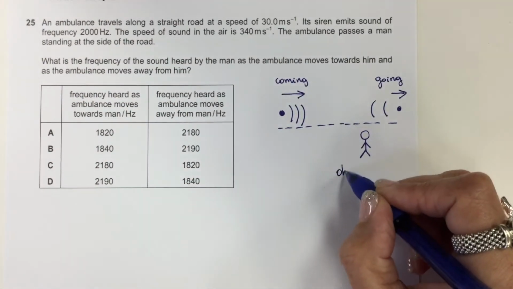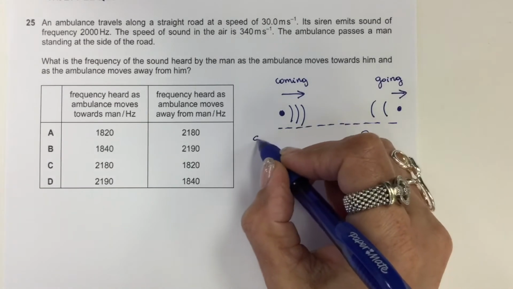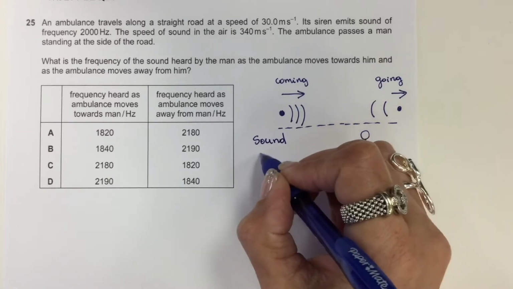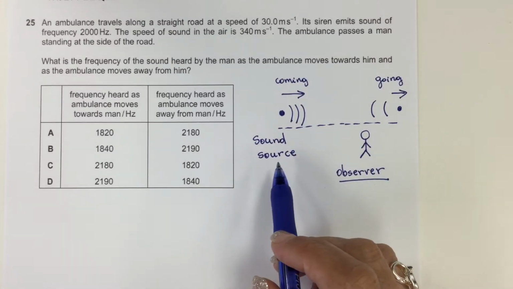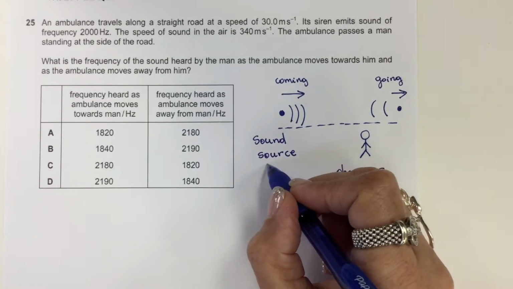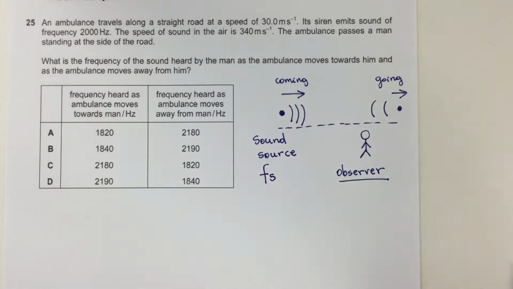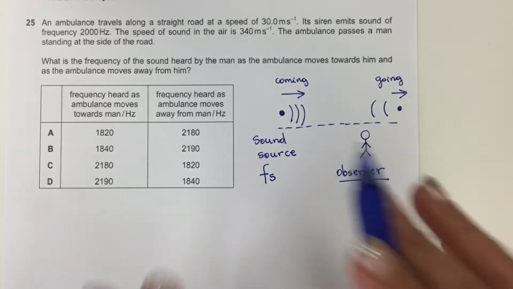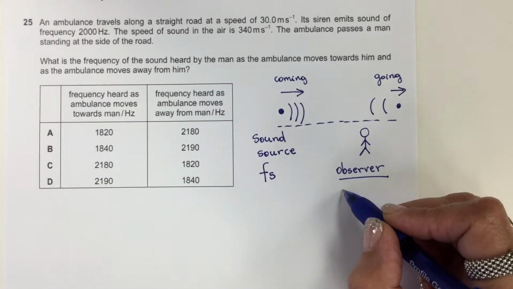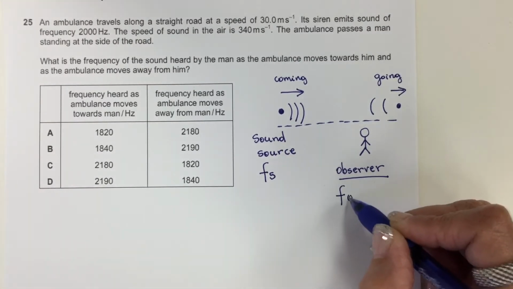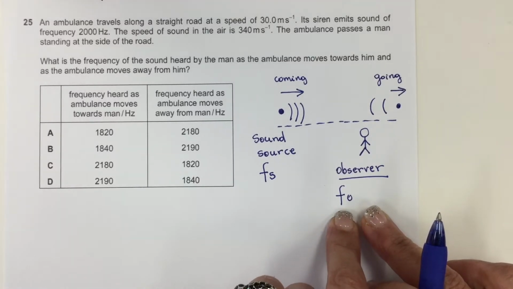So there are two main characters in this story. One is the observer, and the other one is the sound source. The sound source is going to emit a sound with a frequency that I'm going to call the frequency of the sound source. And this frequency, depending on the location of the observer, is going to be perceived as FO, or frequency heard by the observer.